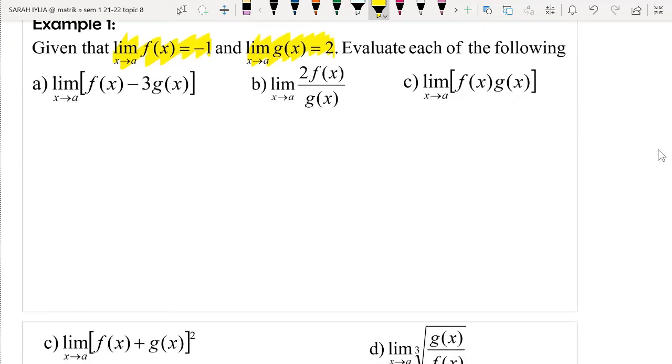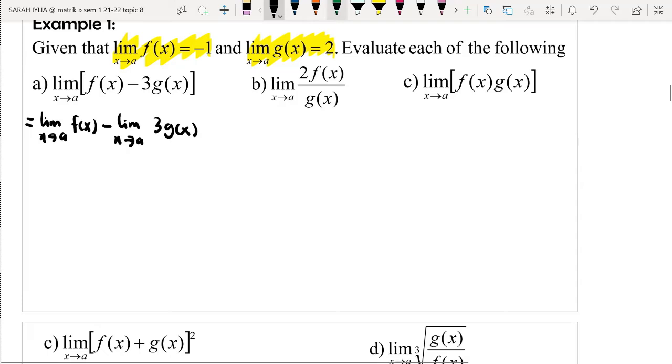Okay, so we start with the first one. We have the limit of f(x) minus 3g(x). By using the properties of addition or subtraction just now, we can open this up and it will be the limit of x approaches a of f(x) minus the limit of x approaches a of 3g(x). And as before, if we have a constant, boleh bawa keluar daripada limit function. So simplify this up.